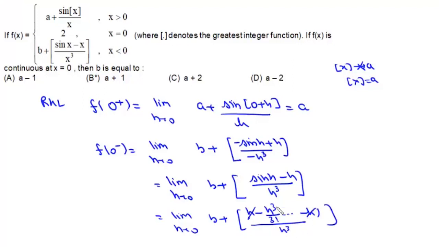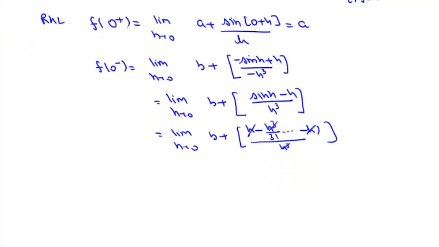Now this h and h will cancel, this h cube will also cancel. So this limit will be limit h tends to 0, b plus minus 1 by 6 plus higher powers of h.